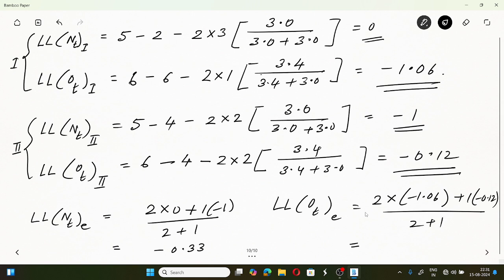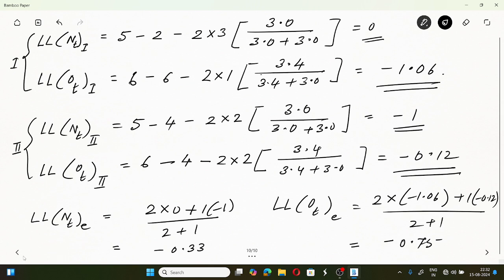So this value is minus 0.75. This is how we can calculate the formal charge in the equivalent structure.